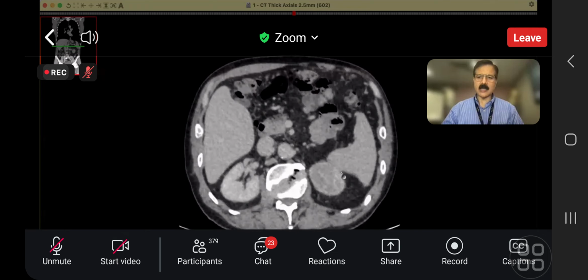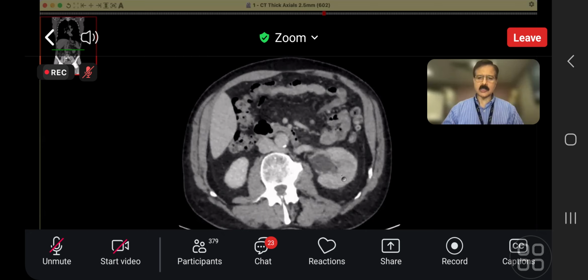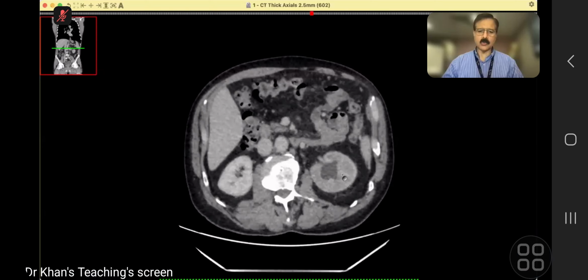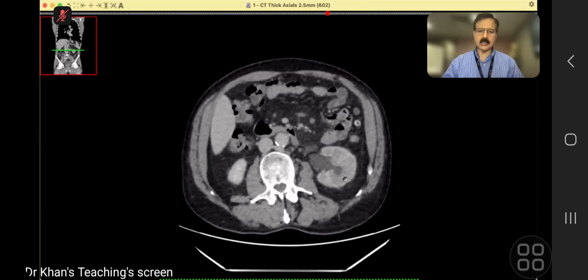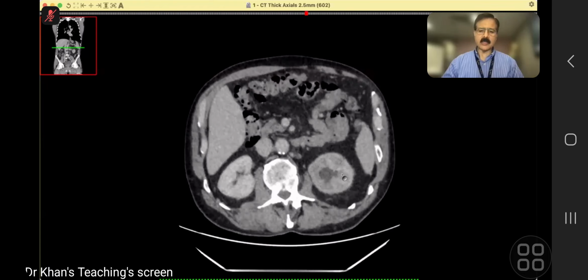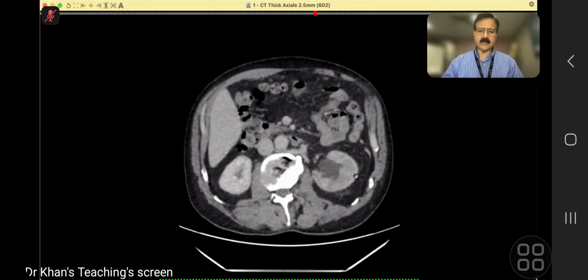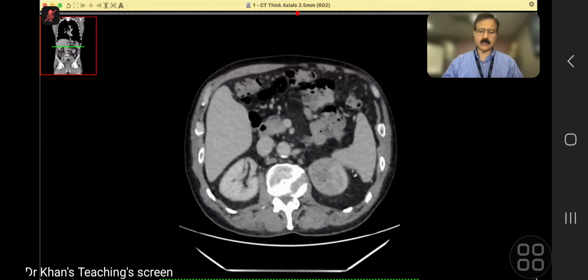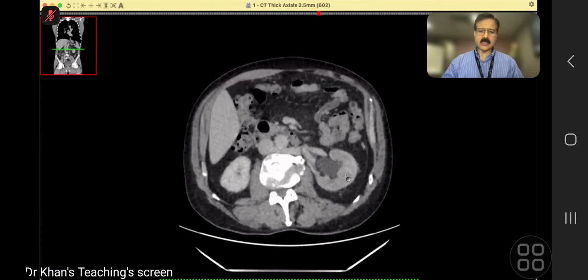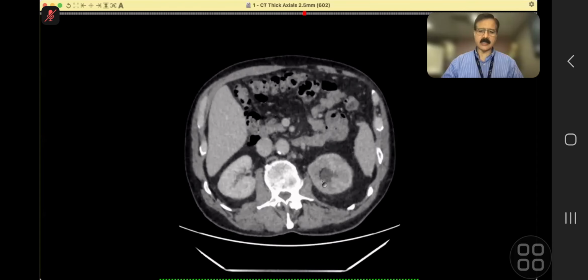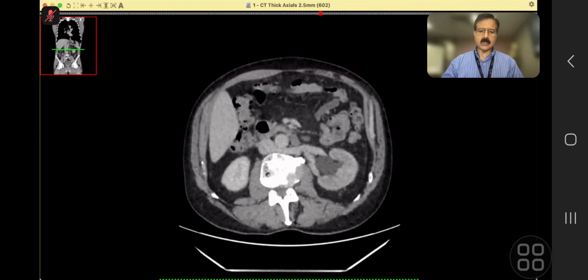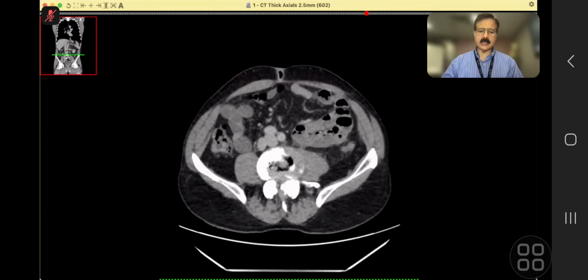And if you had an IVU, and please remember IVUs still come in the exam, though in UK they are obsolete, but they do ask IVUs. So whenever there is obstructive uropathy, one of the things is delayed nephrogram or persistent nephrogram, etc. So you can see, and this is what is happening. Look at the attenuation is slower or lower than the right side.